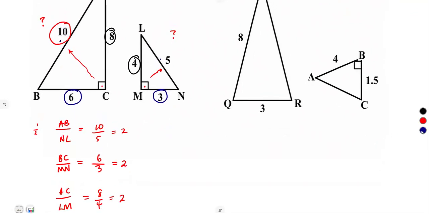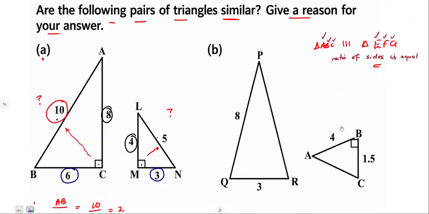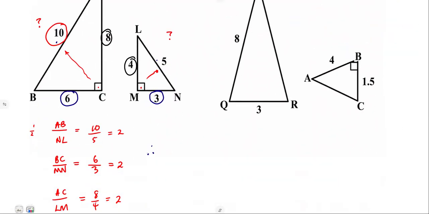Therefore, the two triangles are similar. That is the concept. Here we are asked, are they similar? Yes, the two triangles are similar.